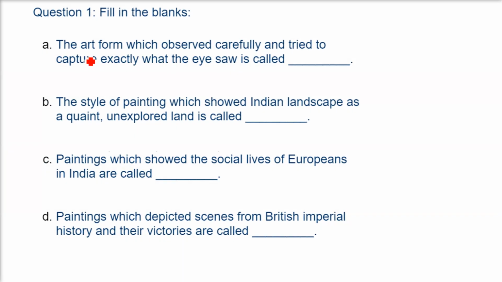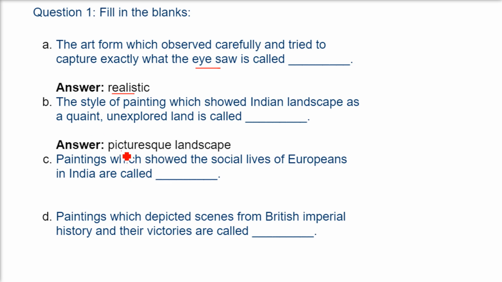Fill in the blanks. The art form which observed carefully and tried to capture exactly what the eye saw is called realistic art form. The style of painting which showed Indian landscapes as a quaint, unexplored land is called picturesque landscape.